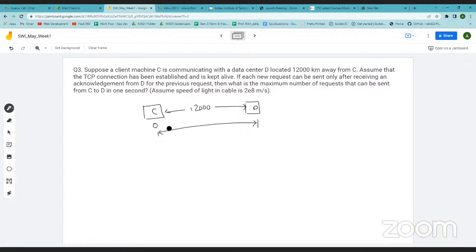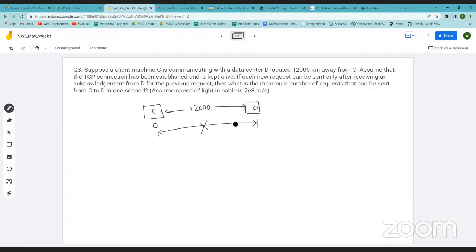Once the request is sent from client to D, the processing is done, and the response is sent from D to C. Once one RTT is done, I asked for some information from the server, I got the response. Once that is done, this connection gets closed.